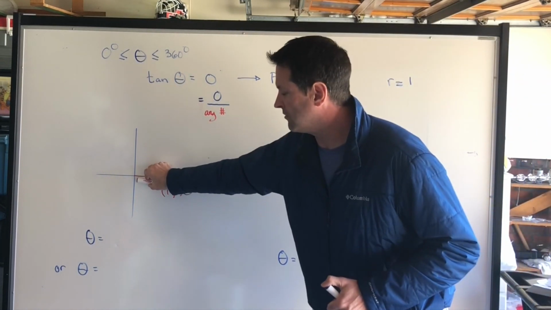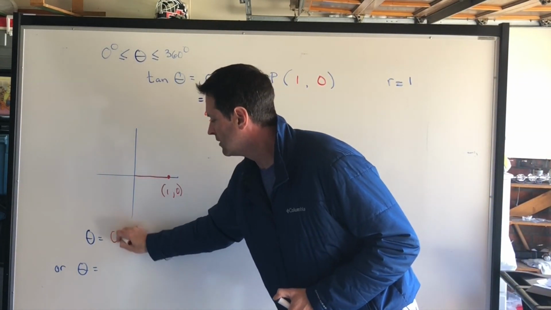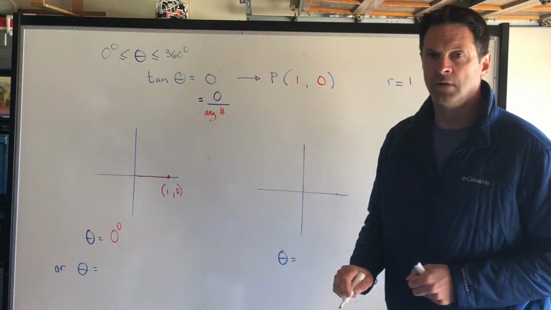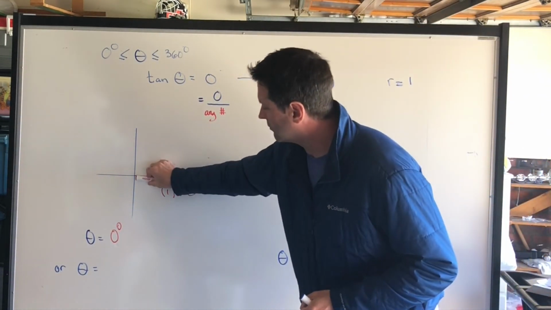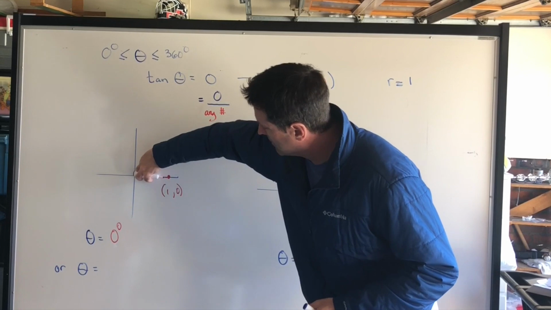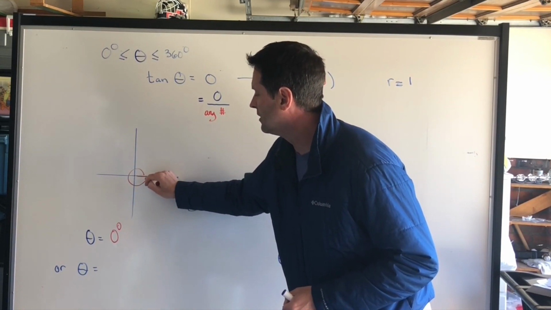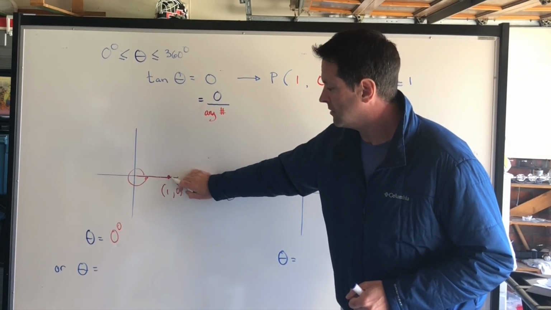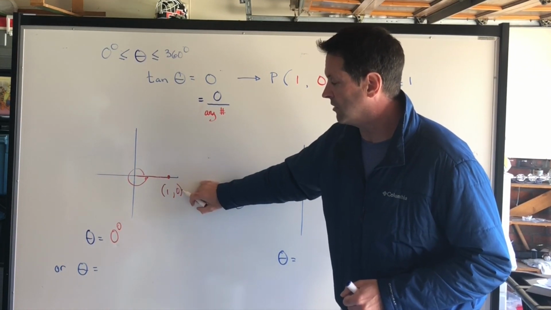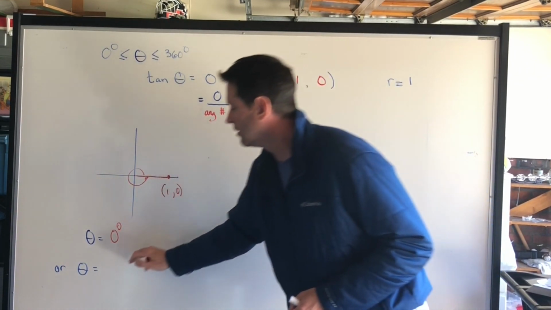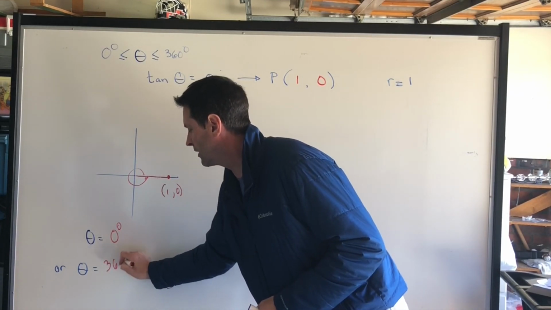Well, if the terminal arm hasn't moved, then theta must be 0 degrees. Or, what if the terminal arm rotated all the way around? It would be back in the same position. The point on the terminal arm would still be 1 and 0, and the length of r would be 1. So theta could also be 360 degrees.